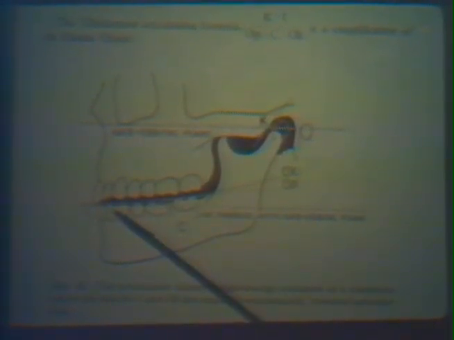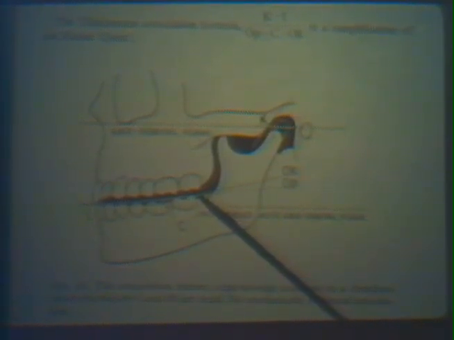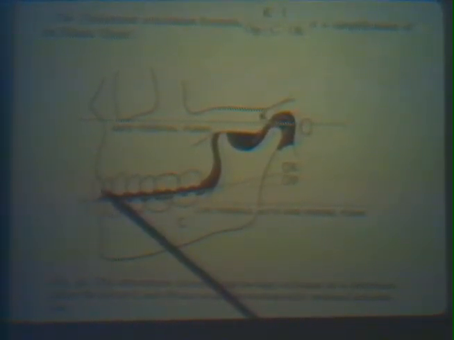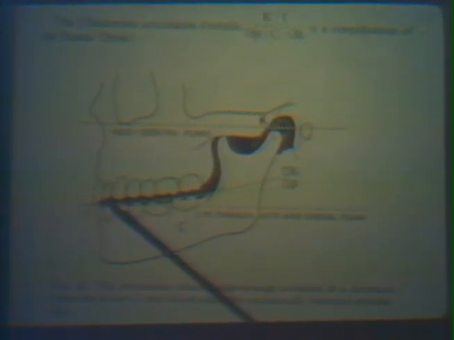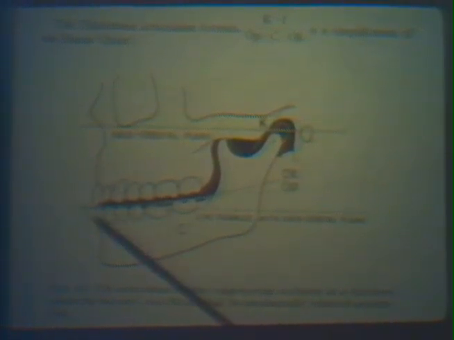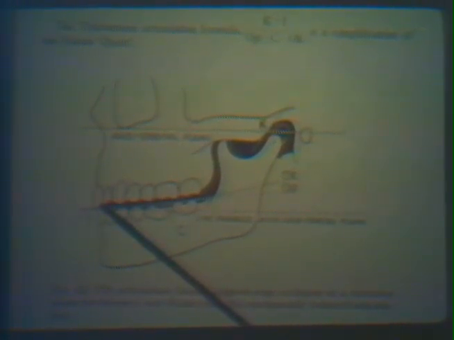In some cases, you can change the curve of Spee and the plane of occlusion, and if you are restoring 6 anterior teeth, either upper or lower, or if it's 12 anterior teeth, then you must pay attention to incisal guidance and understand the role of incisal guidance in relationship to the entire back end.